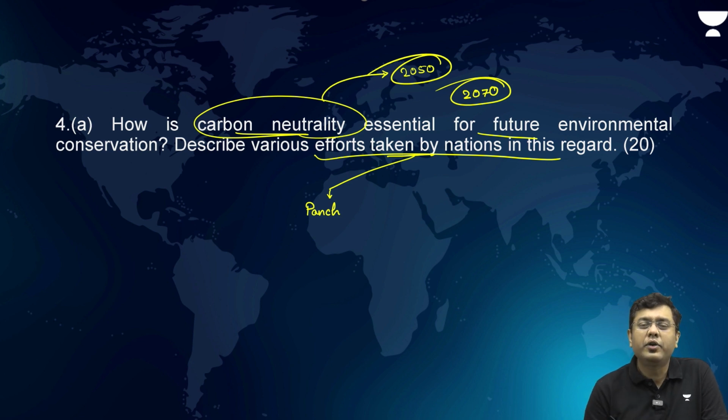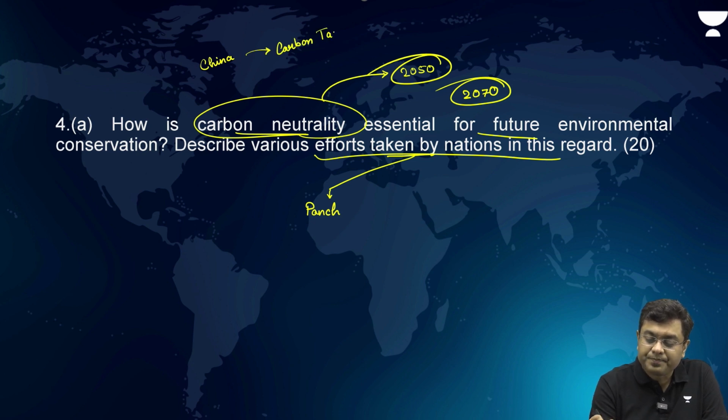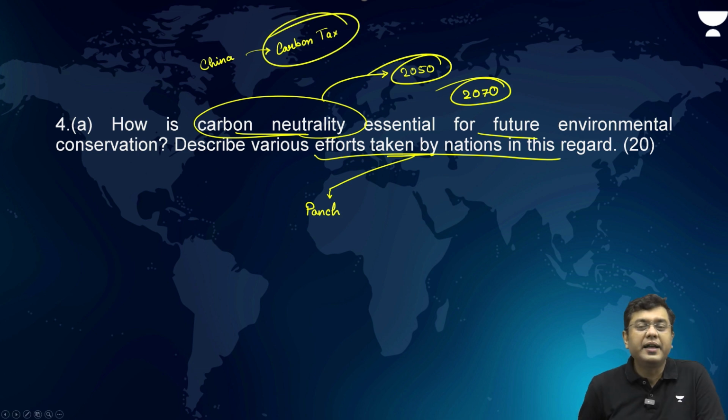Then you can talk about the market mechanisms introduced by various different countries, the carbon tax which has been imposed by China. China is one of those countries which has imposed a very stringent carbon tax, that could be mentioned, right. Then after that, you could mention the European Union coming up with CBAM, the carbon border adjustment mechanism.